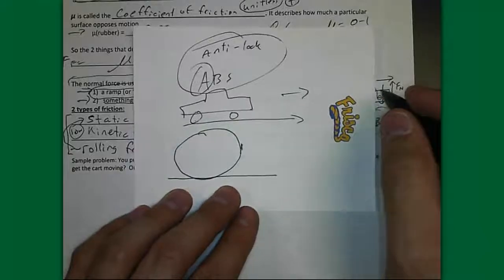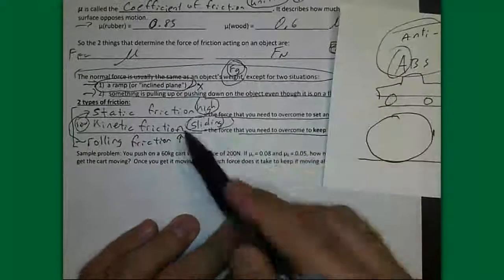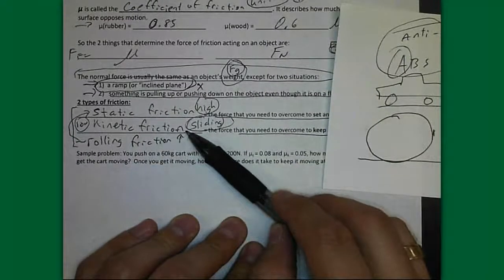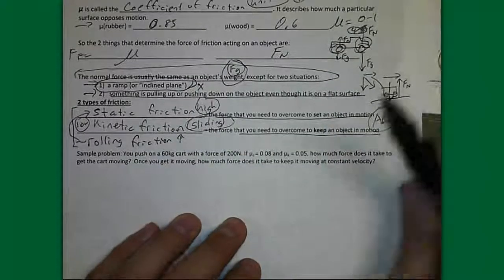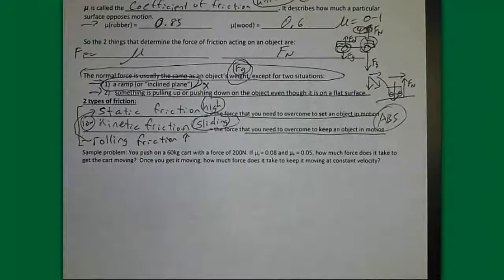If your tires begin to slide, then you have entered into kinetic friction. And all of a sudden, the friction force between your tires and the road decreases dramatically, which means if you are sliding, it will take much longer to stop than it will if you stay in the rolling friction range.